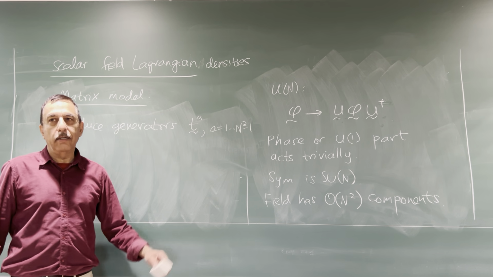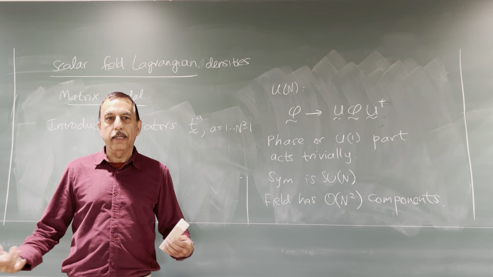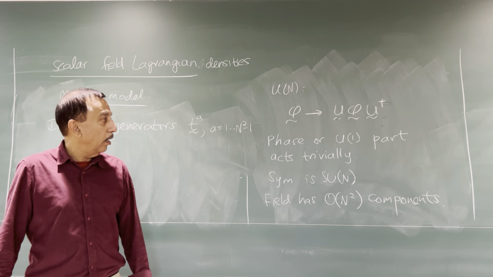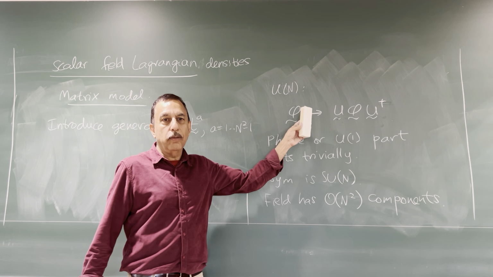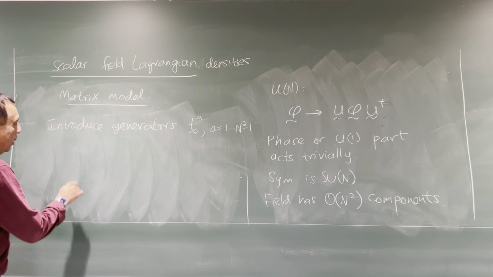So these are the generators of the algebra. That means by taking linear combinations of them, I get any element of the algebra, and by exponentiating it, I get the group. But right now, we're taking our scalar field to be valued in the algebra, not the group. And so it has to be a linear combination of these.